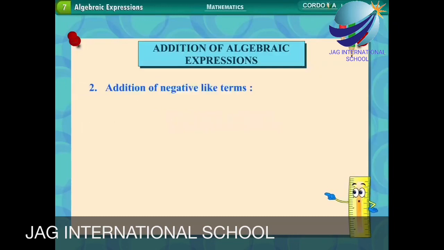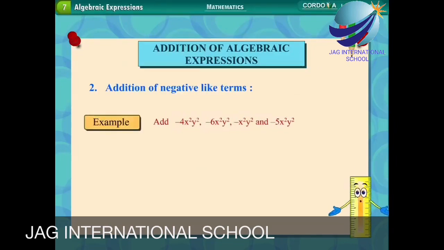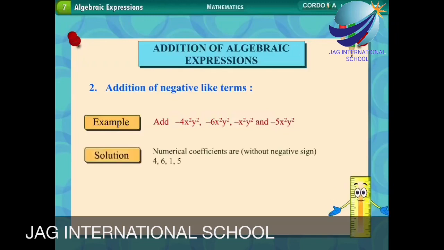Addition of negative like terms. Example, add minus 4x squared y squared, minus 6x squared y squared, minus x squared y squared and minus 5x squared y squared. Solution. Numerical coefficients are, without negative sign, 4, 6, 1, 5.